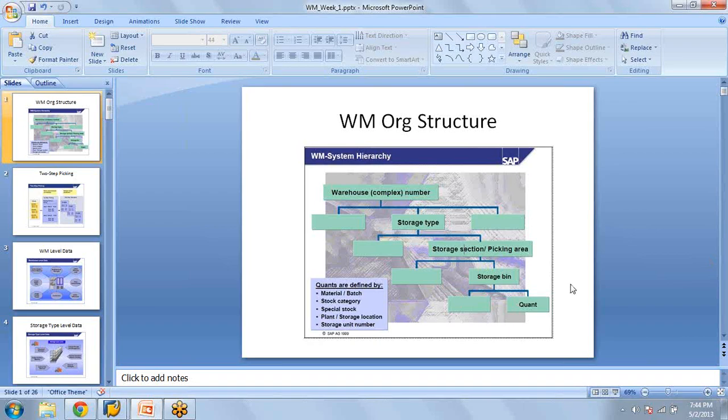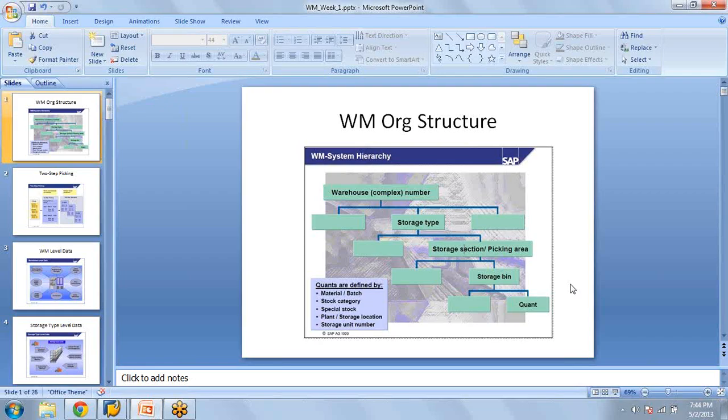For example, I procured a box containing chocolates and biscuits, with storage unit number 1. The second time, I procure the same kind of box with storage unit number 2, with the same materials and the same characteristics.